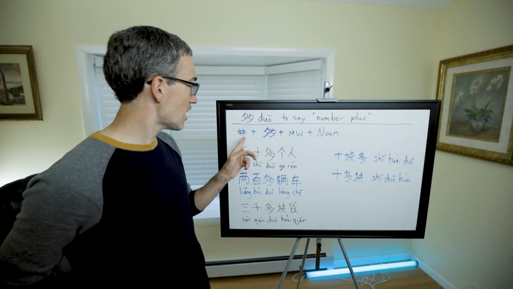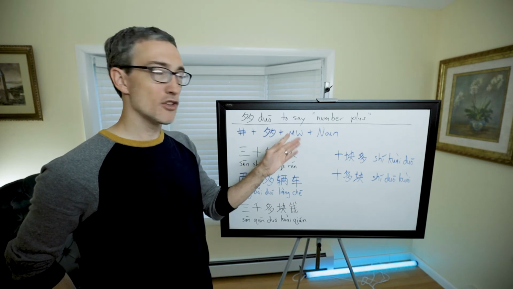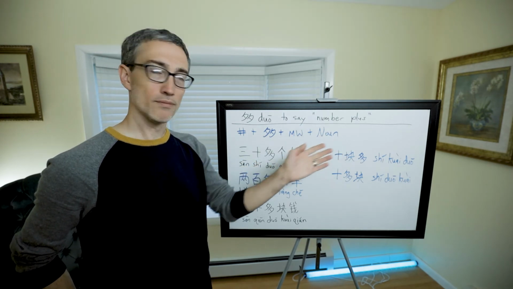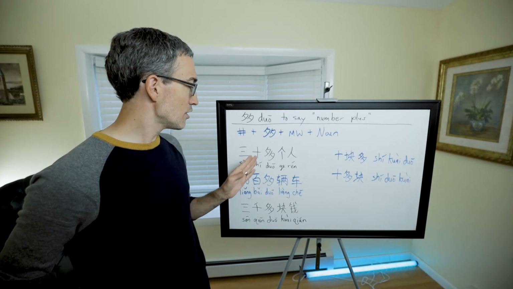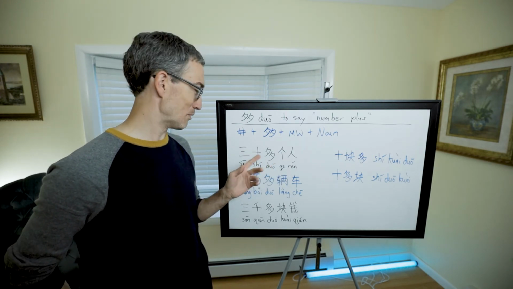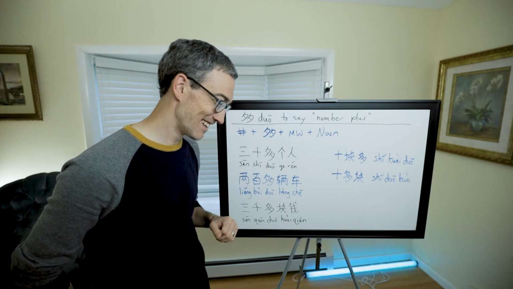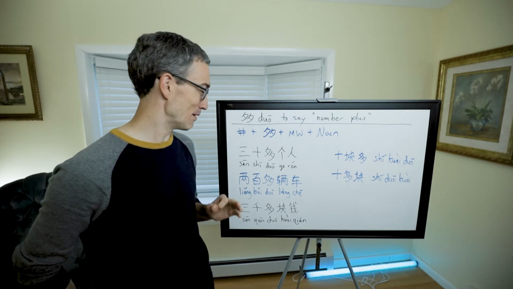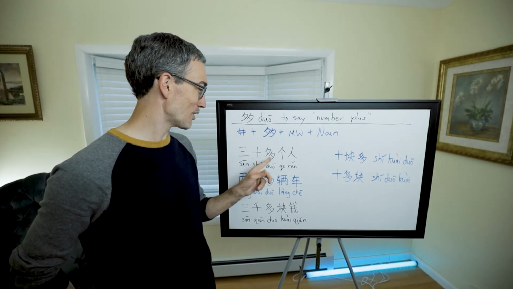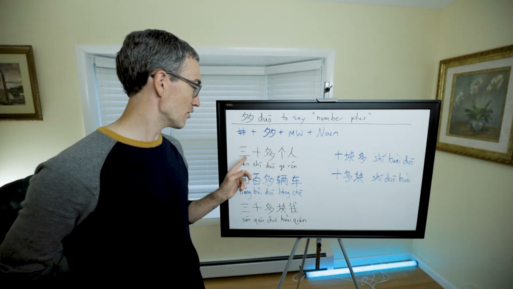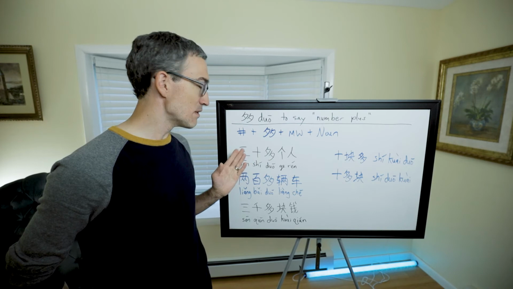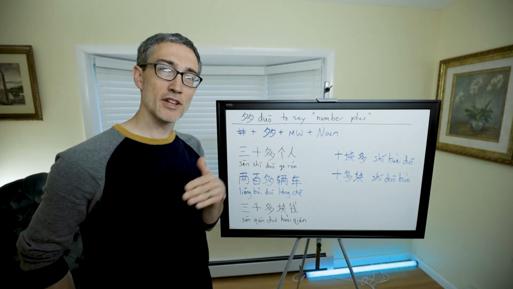So it goes number, 多, and then if there's a measure word and noun, measure word and noun. So if I want to say 30 plus people or 30 odd people, 30多个人, 30 more people. And so 30多 means more than 30 but less than 40.